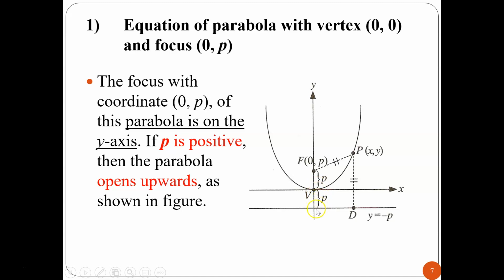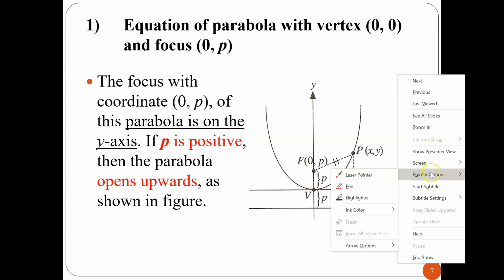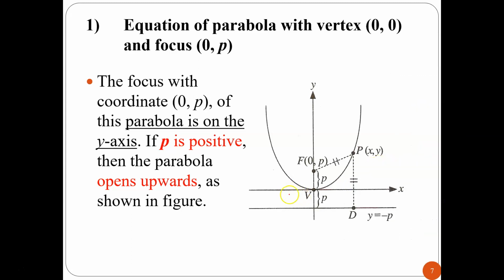So you will have the D, the straight line D, you will have the equation as y equal to negative p. Kenapa dia negative? Because it's on the downwards. Dia berada di bawah. Ini kosong-kosong. This is 0, 0, right?